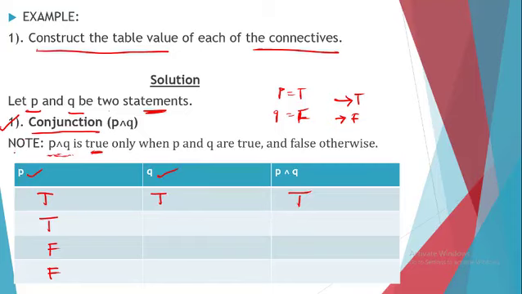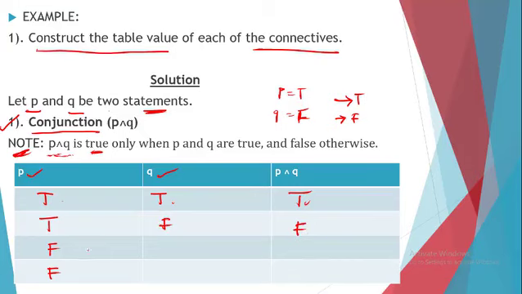By this condition, note that P intersection Q is true only when P and Q are true. So if P is true and Q is true, then P intersection Q is true. Let's assume P is true but Q is false. Then P intersection Q is false.